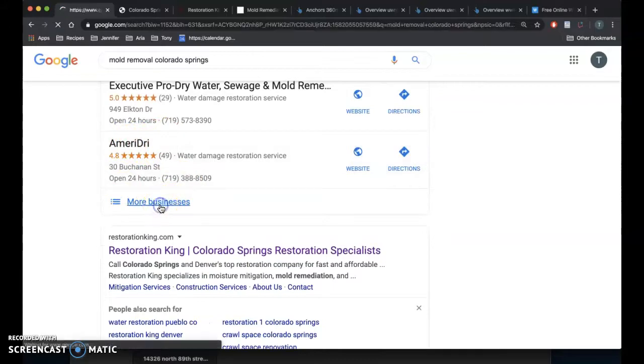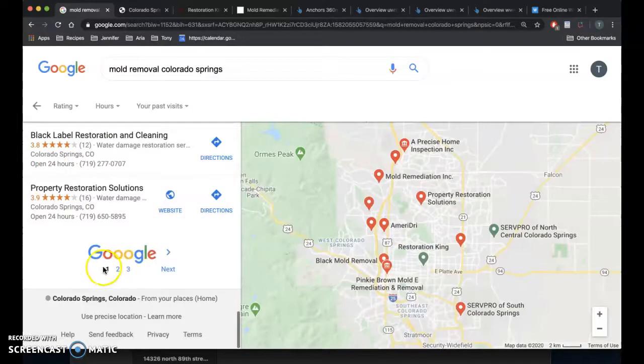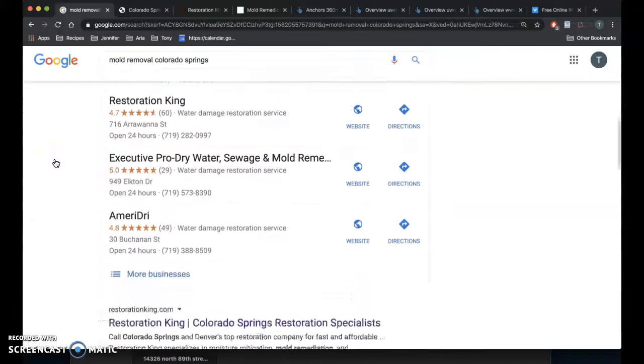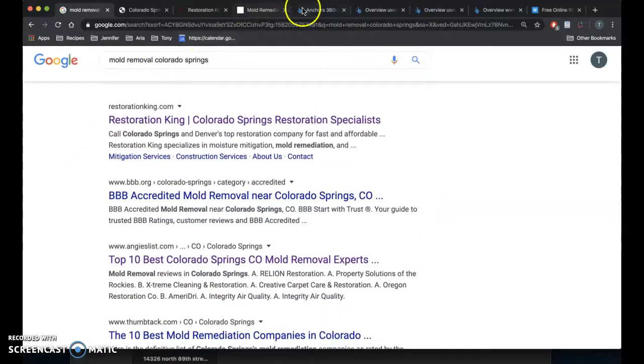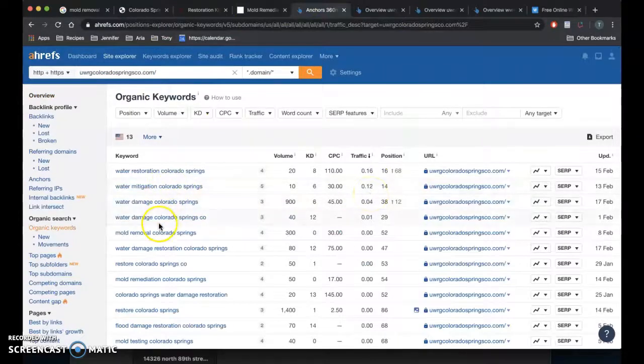When I look here at the map pack, I don't see your site at all yet. When I search through all of these 3 pages, you're not there yet. That might take some time for Google to put you there. And according to my tool, for mold removal, you're way out on page 6. So if you're in the 50s, you're actually on page 6. Water Restoration Colorado Springs, they bumped you up to position 16 recently for that, but that doesn't get very many searches.